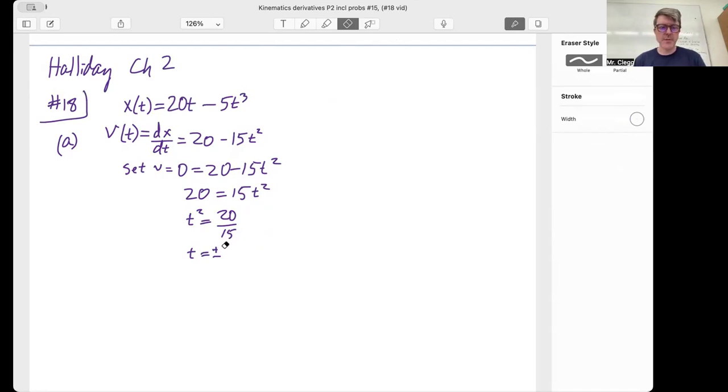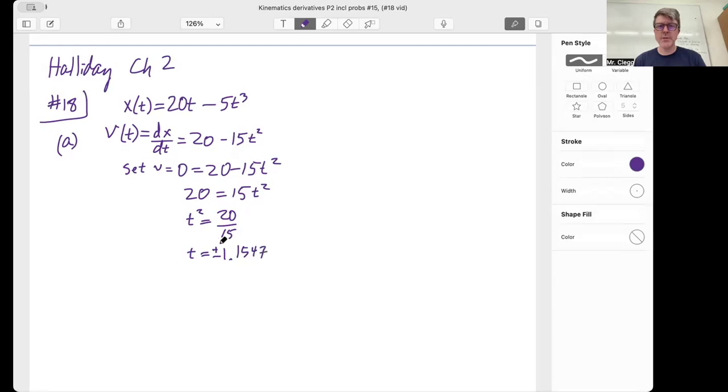It should be 1.1547, so right around there would be at that second. So plus or minus, we would be able to get that there is a time where that is. I'm going to pause this really quick while I set this up on Desmos, and then I'll show you.